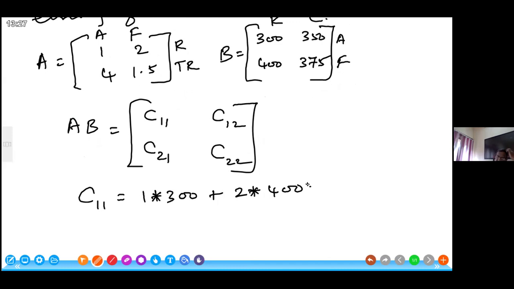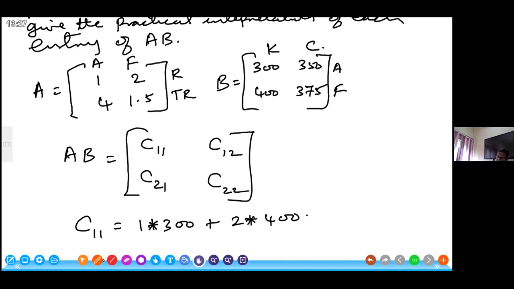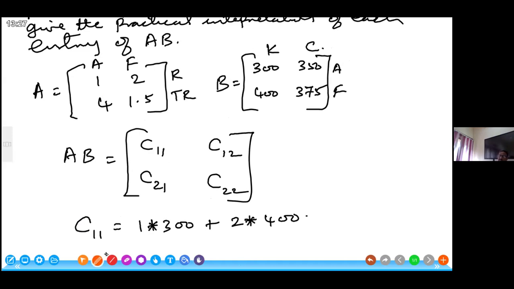By looking at this, first row into first column. How can we interpret this? C11, the value is there: 1 into 300 plus 2 into 400. It is the total cost.